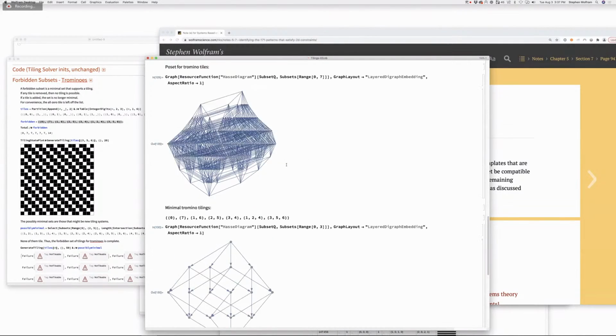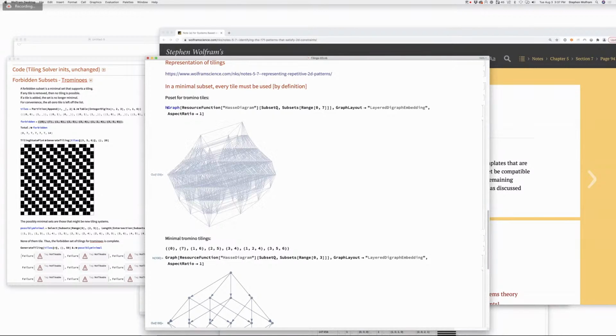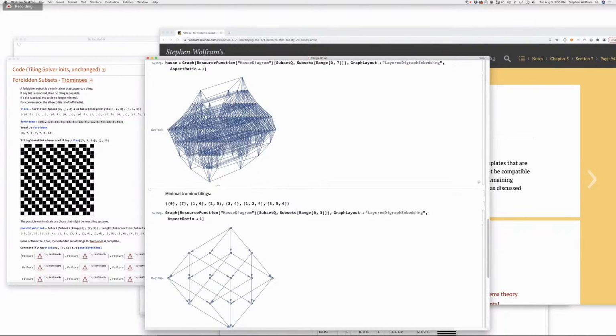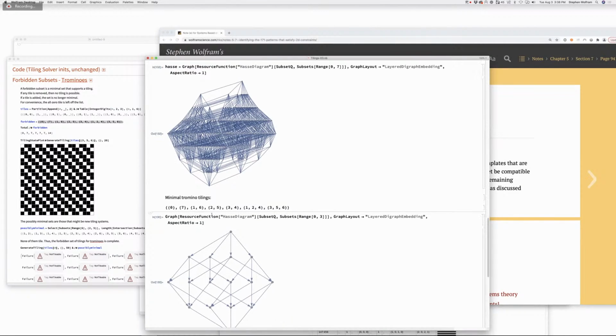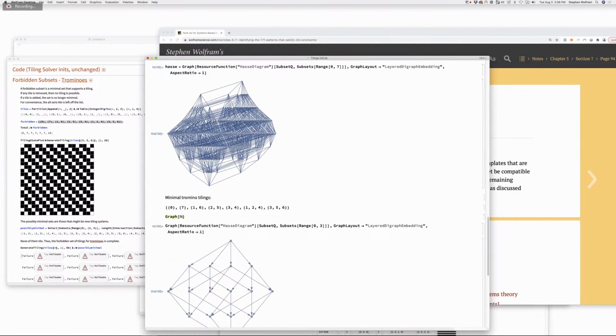So then we want to take this thing here and let's call that Hasse. And let's say for that, we want in range 0, 7, we want subset Q. So what we want to do is say graph of Hasse, vertex style, arrow, and then we now want to say if subset Q, is this right? If subset Q hash comma any of those.